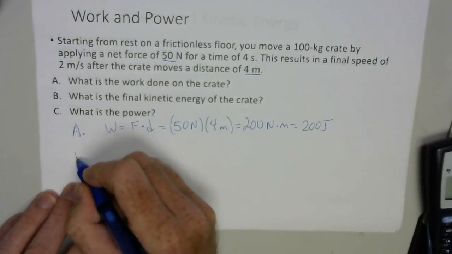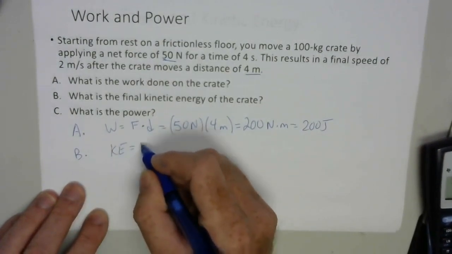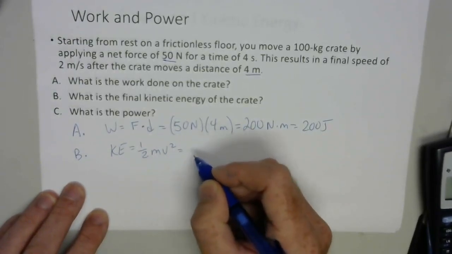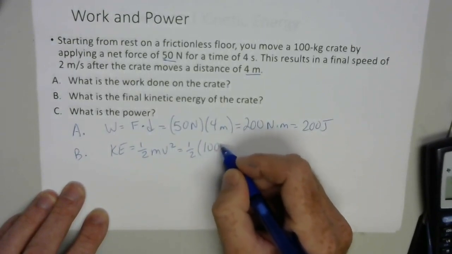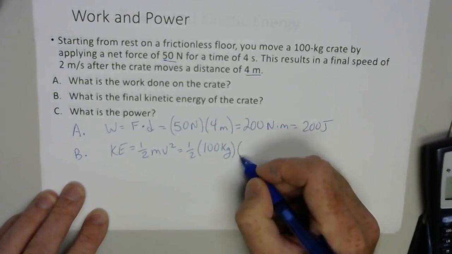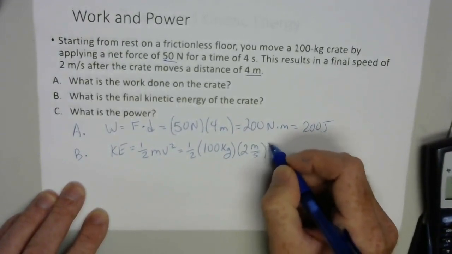B, we want the kinetic energy. Kinetic energy is 1/2 mv squared. So it's going to be 1/2 times 100 kilograms, remembering that masses have to be in kilograms, times the velocity of 2 meters per second, squared.